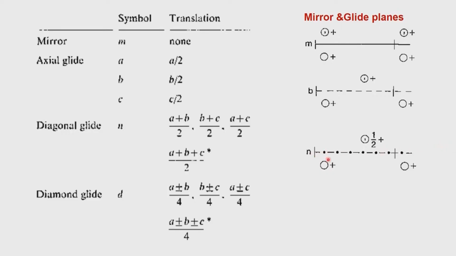Suppose I show an end glide like this, where we have the operation taking it half plus. Now, this half plus means that we not only have the half translation in this direction, we also have a translation in the direction perpendicular to that, but in the plane, associated with the plane. You see, this is the plane. Okay. So, we go half the translation along the plane direction, and perpendicular to the plane we go.